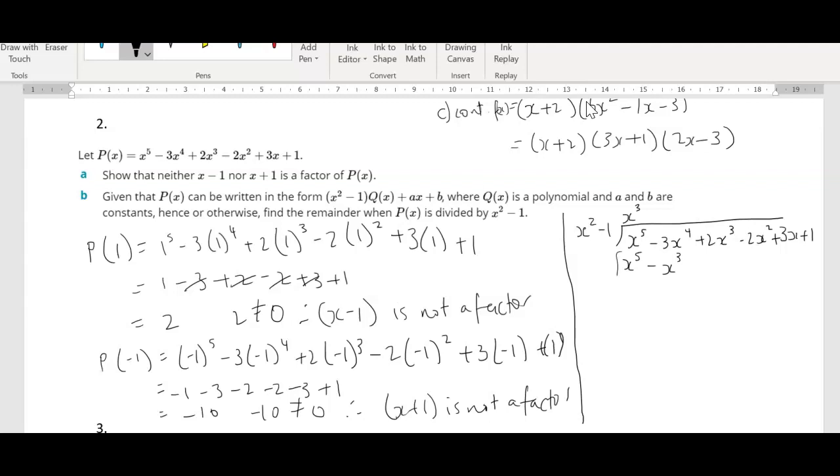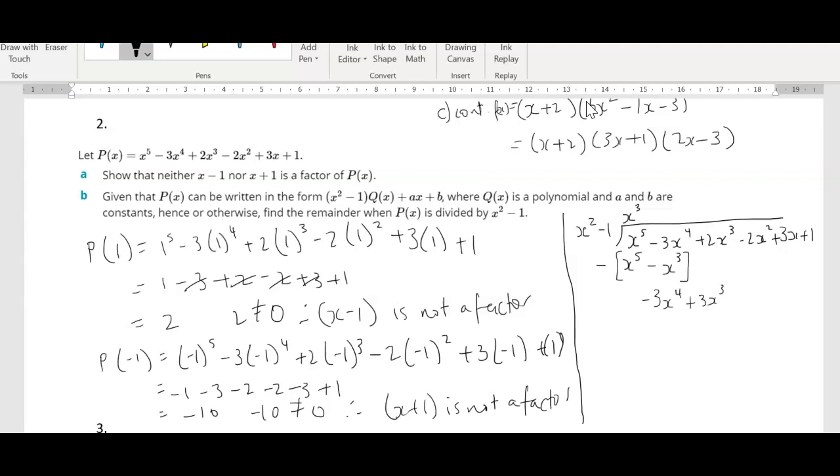So we do the same thing and subtract that now. x to the power of 5 minus x to the power of 5 is 0, so they'll always cancel each other out. Now, we can't subtract x cubed from x to the power of 4, so that can just stay there, minus 3x to the power of 4. But we can do 2x cubed minus negative x cubed, which gives you plus 3x cubed.